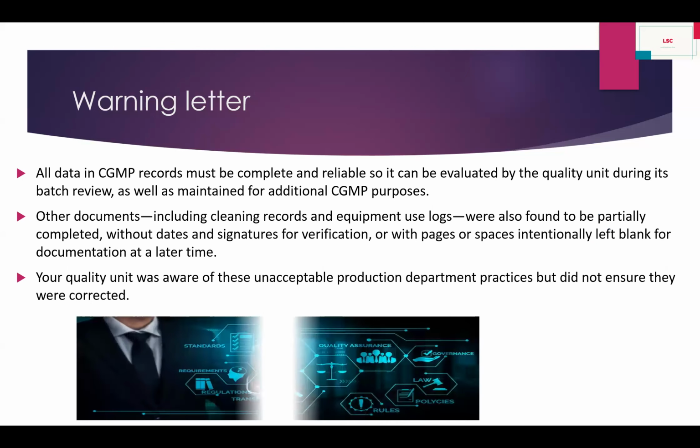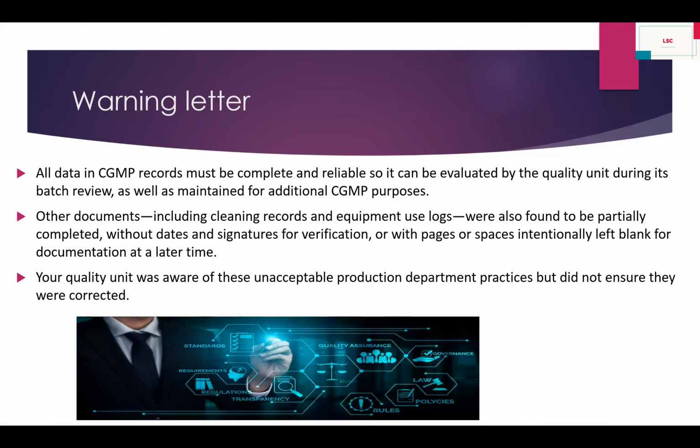All the data in GMP and CGMP records must be complete and reliable, so it can be evaluated by the quality unit during its batch review as well as maintained for additional CGMP purposes. Other documents, including cleaning records and equipment use logs, were also found to be partially completed without dates and signatures for the verification, or with pages or spaces initially left blank for documentation at a later time.